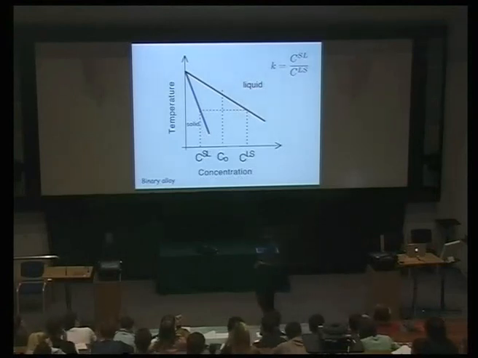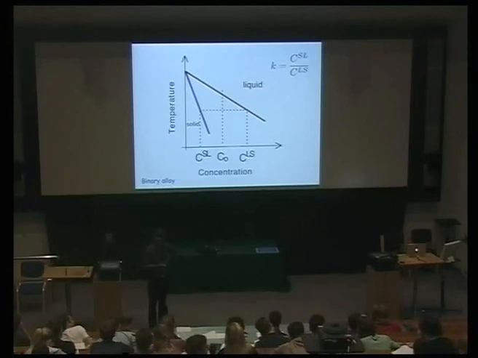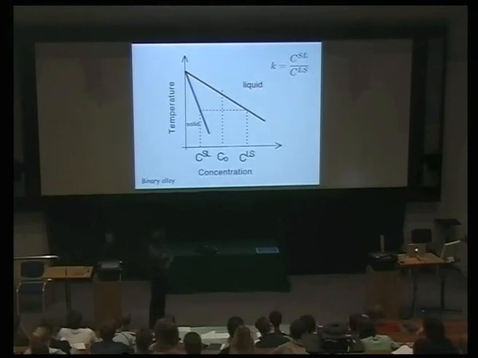And in a very large number of phase diagrams, these lines are more or less straight lines. Okay? So we can define something called a partition coefficient. That means partitioning of solute between liquid and solid, which is simply the composition of the solid in equilibrium with liquid divided by that of liquid in equilibrium with solid. Okay? So the whole of this phase diagram we could express in terms of a single partition coefficient, given that these are just straight lines.